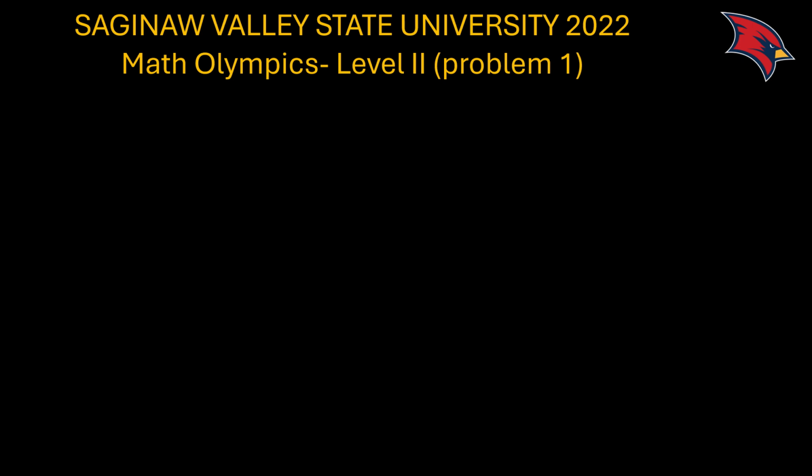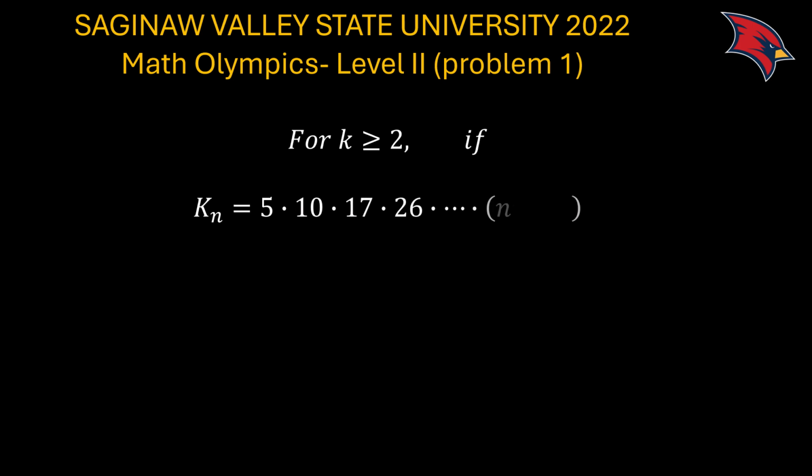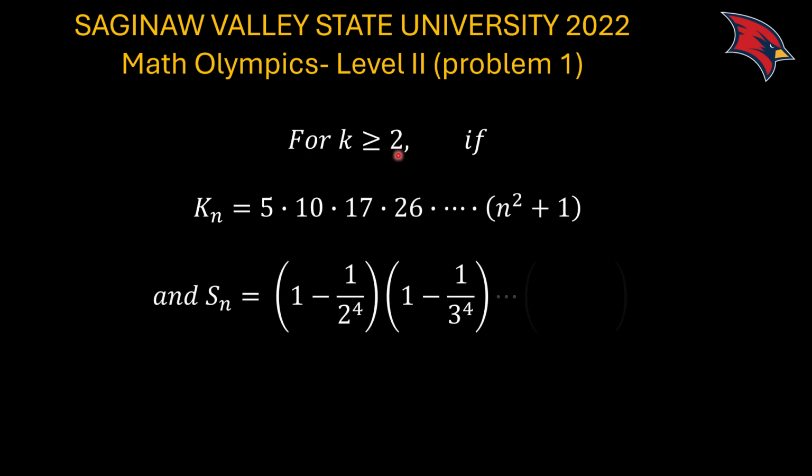The way this problem was formulated is kind of problematic because there's a mix of things. But it tells us that for k greater than 2, small k greater than 2, let's assume that capital K of n is equal to 5 times 10 times 17 times 26 all the way up to n squared plus 1.